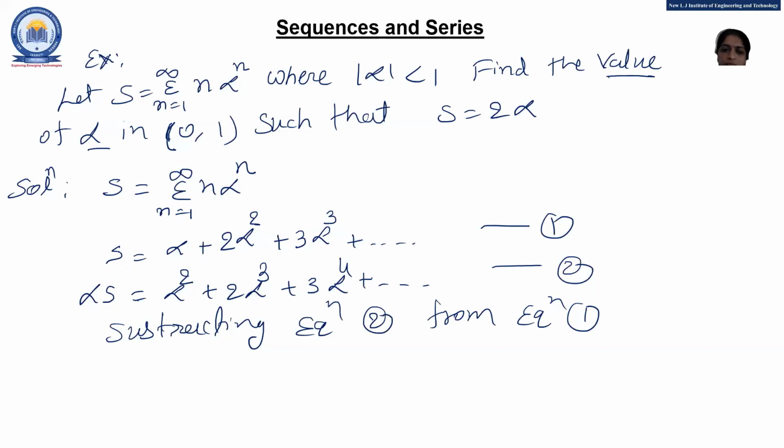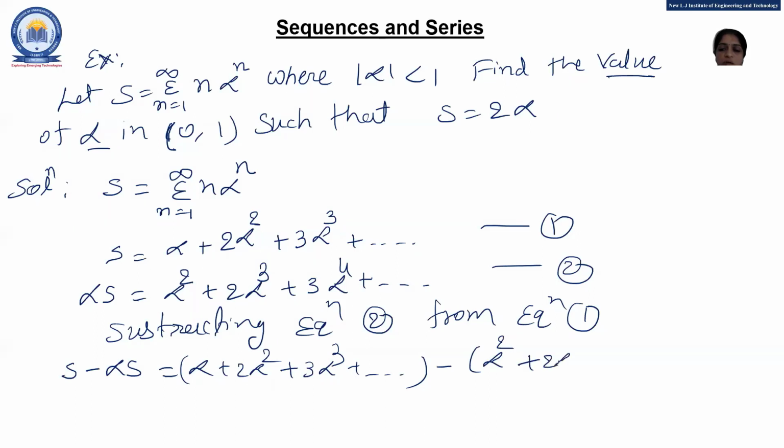So subtracting, left hand side is S minus alpha S. And right hand side is alpha plus 2 alpha square plus 3 alpha cube plus up to so on, minus alpha square plus 2 alpha cube plus 3 alpha raised to 4 up to so on, right? So if I take S common from the left hand side, then the remaining term is what? 1 minus alpha.